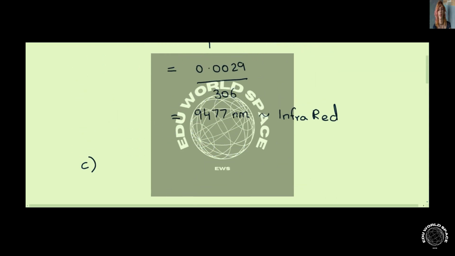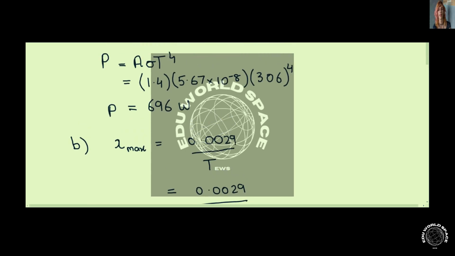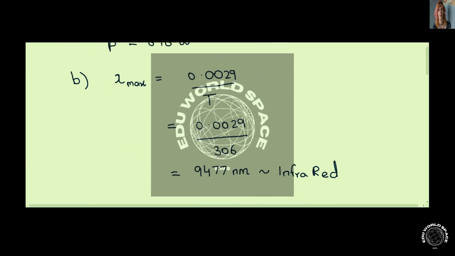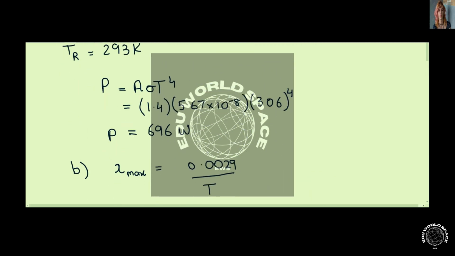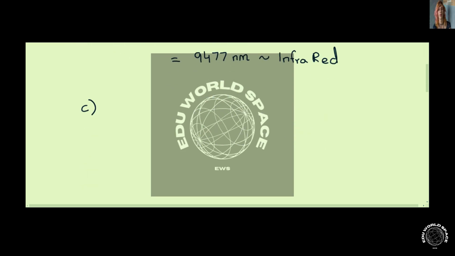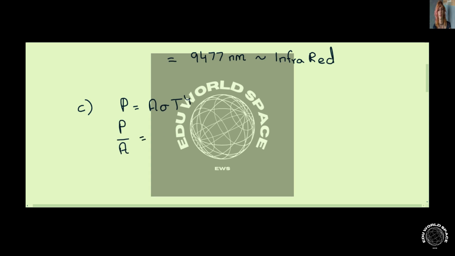So we're going to go ahead and find out the power per unit area emitted by the surrounding. So power equals A sigma T to the fourth, dividing both sides by A results in sigma T to the fourth.